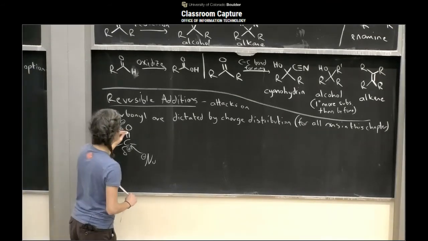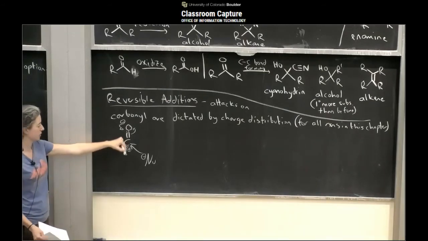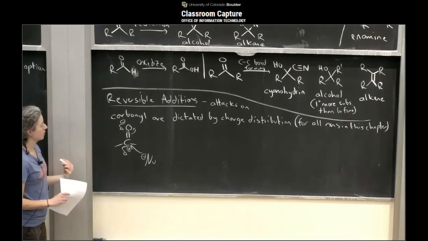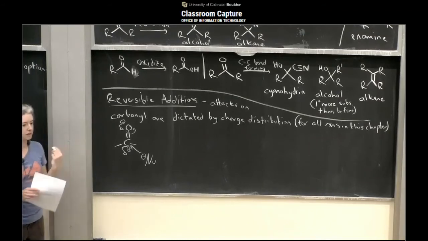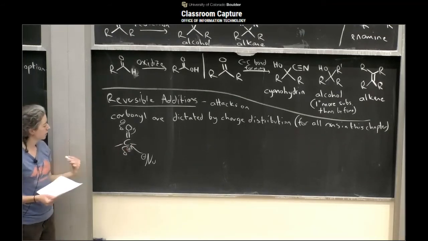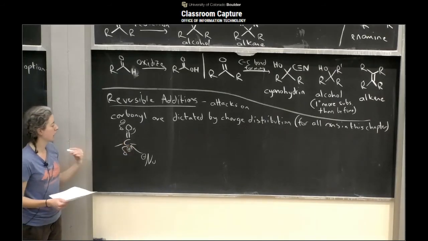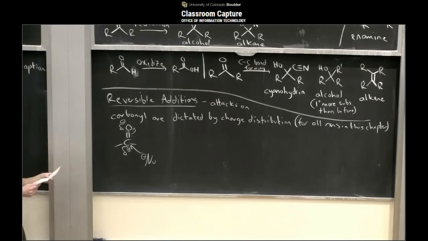That should hopefully be fairly intuitive based on what you know about charge distribution, but it helps to keep that in mind in case you're trying to figure out what happens. So the carbon here is pretty electrophilic. We can spend a little while later looking at how to make it more or less electrophilic, which changes where the equilibrium lies for these reversible additions.